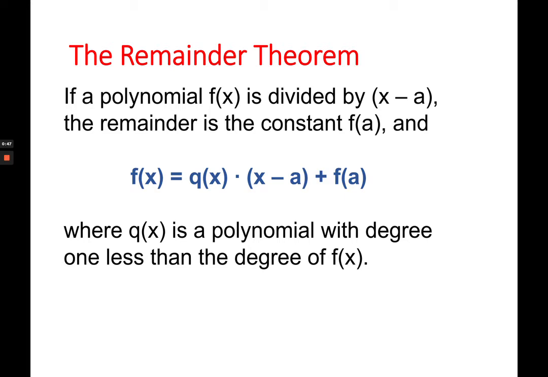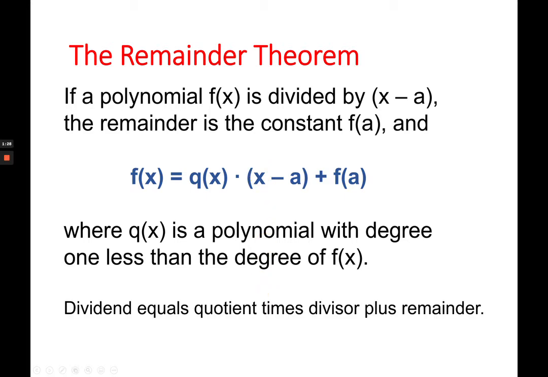F of a refers to the function notation, and f of x is equal to q of x, which is the quotient, times your divisor x minus a, plus your remainder f of a, where q of x is a polynomial with degree 1 less than the degree of f of x, because the quotient is always 1 degree lesser than the given dividend divided by x.